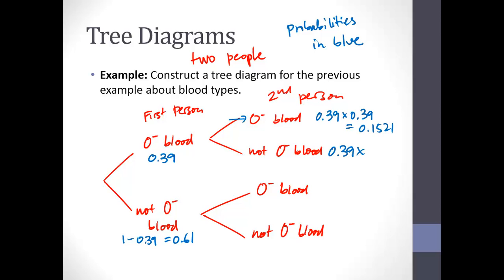Probability that the second person does not have O negative blood is 0.61. And that, if you calculate that out, will be 0.2379. So just kind of writing out exactly how we get to each one of these options at the end of my tree over there.